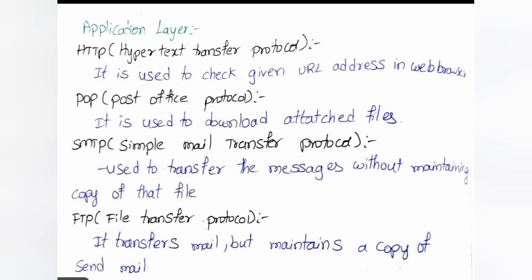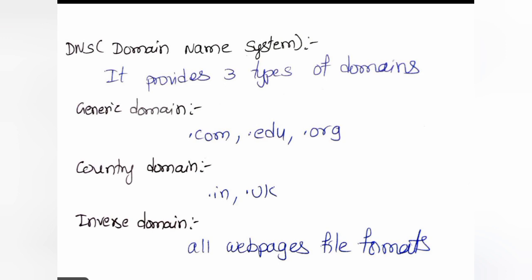Okay. The next one is the domain name system, that is DNS. It provides three types of domains, that is generic domain, country domain, and inverse domain. So what is meant by domain name system? Domain name system will translate a particular website name into an IP address.